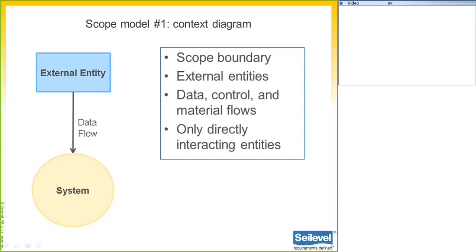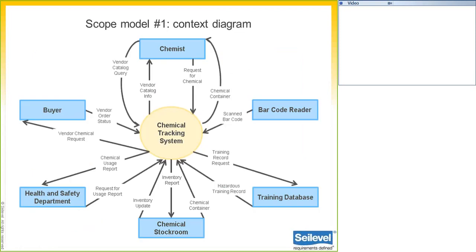So here's an example from our chemical tracking system. In this case, the buyer is an external entity. We show all the different external entities that are interacting with this chemical tracking system in the diagram. So the buyer is an external entity, and let's assume it's a person for now. It can be a person, it can be a system.